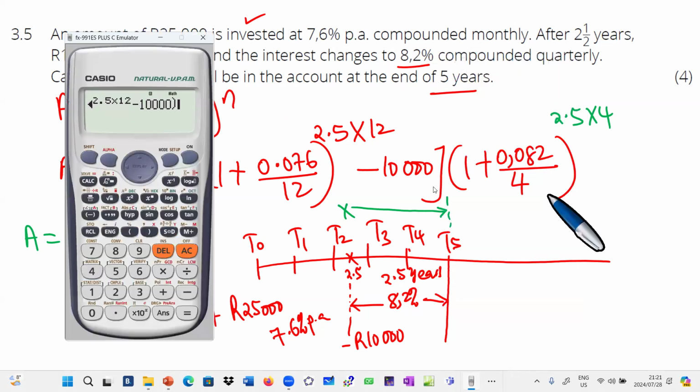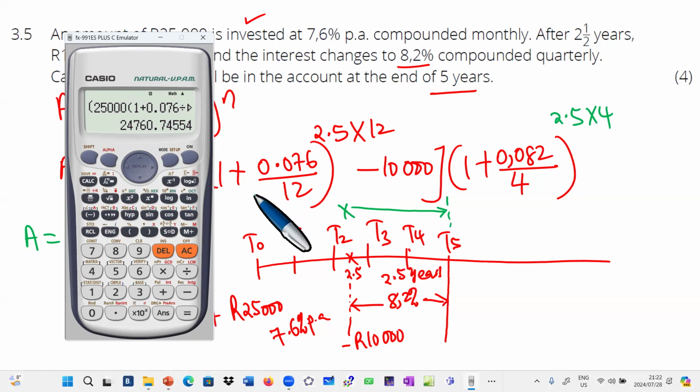Subtract 10,000 and then you close. The minute you subtract 10,000 over here, you multiply by 1 plus 0.082 divided by 4, and then you close the bracket. You raise it to the power 2.5 times 4. Okay, yeah, we're getting 24,760.75.